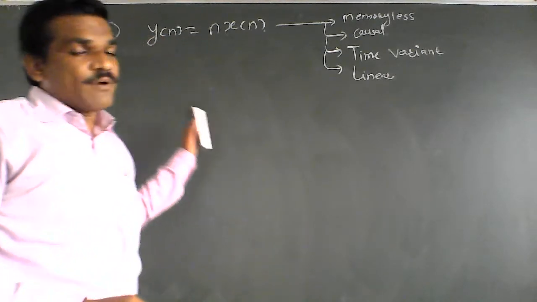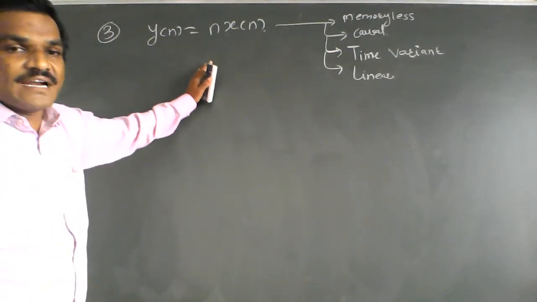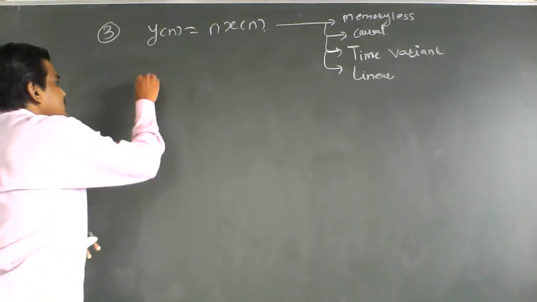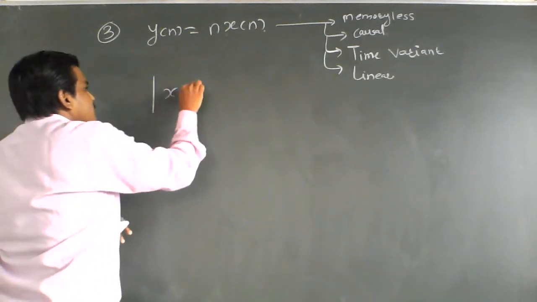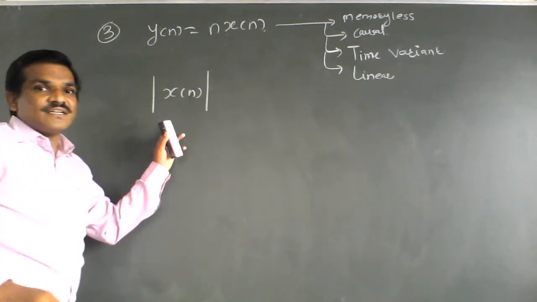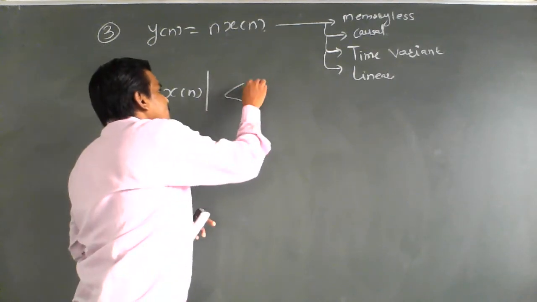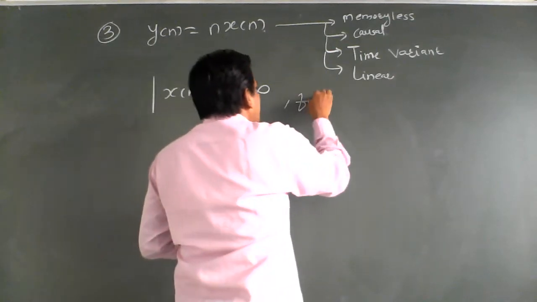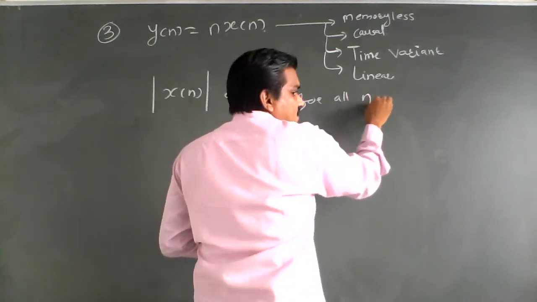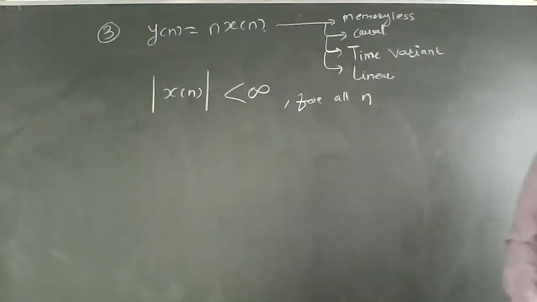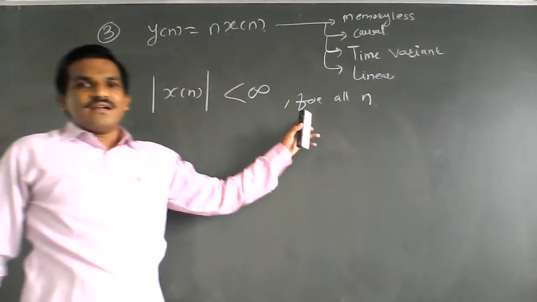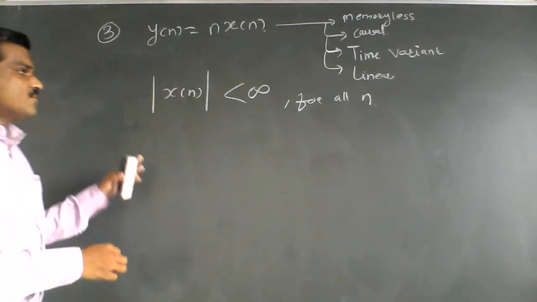If we provide bounded input to the system, we must get a bounded output. For that purpose, let us consider x of n is bounded for all n. Fine. So what is y of n?